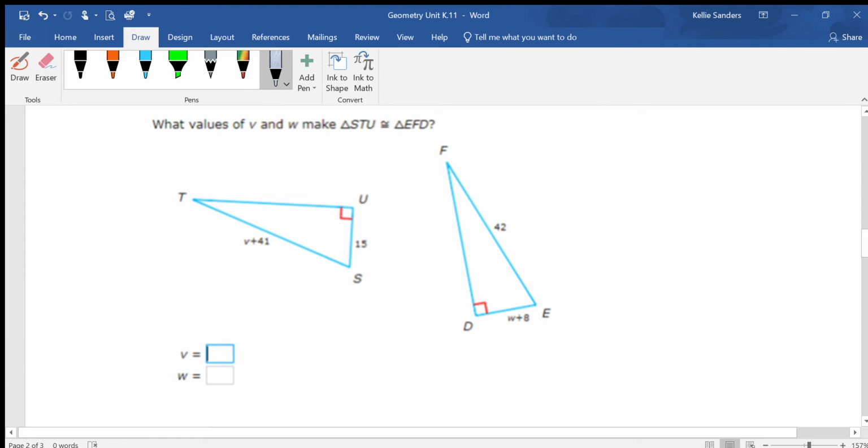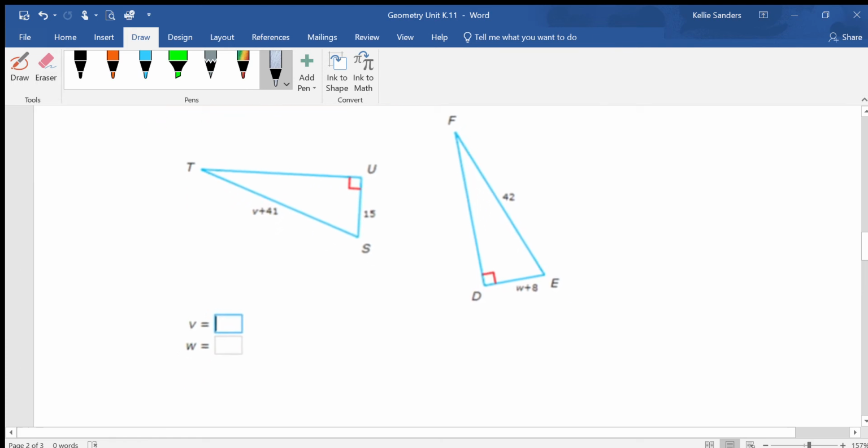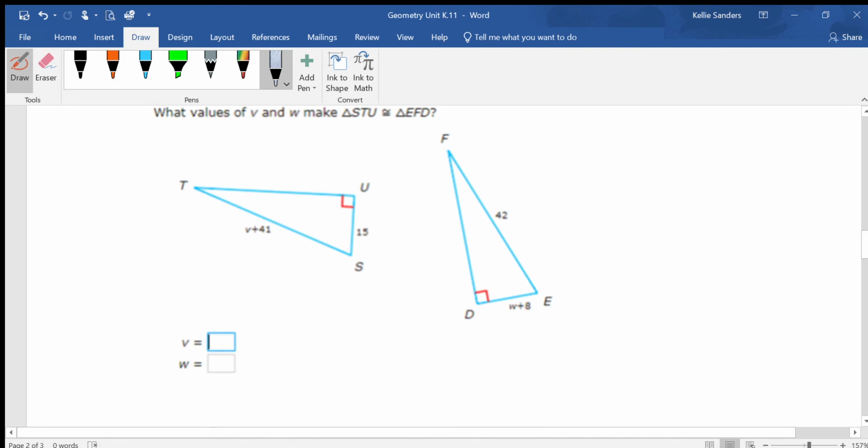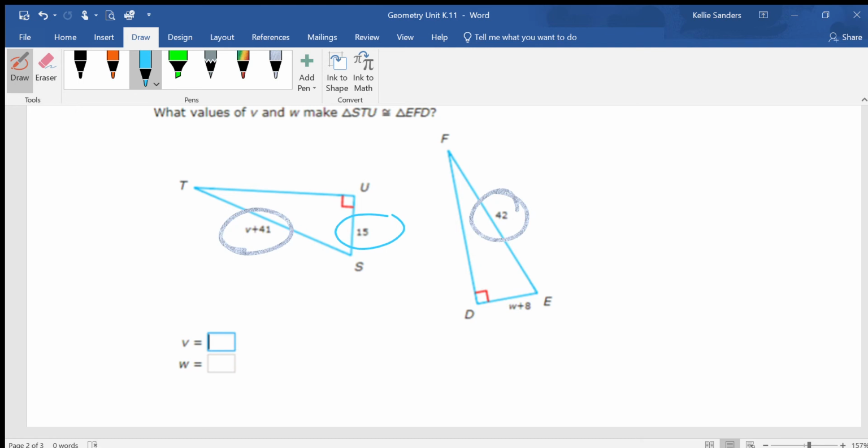All of these are saying the same thing, so I'm not going to read everything together. And then the V plus 41 is going to go with the 42. The 15 is going to go with the W plus 8. So if I have V plus 41, that's supposed to equal 42. How do I get V by itself?